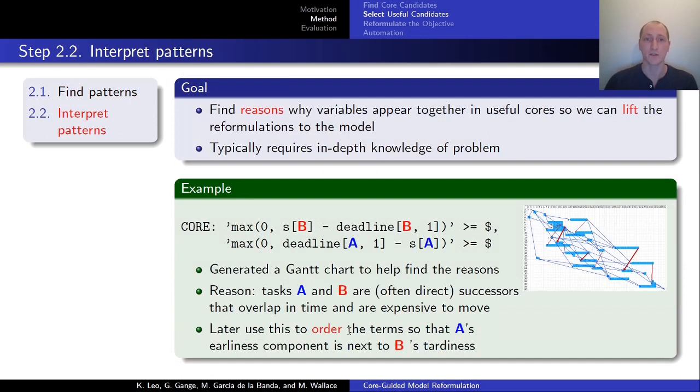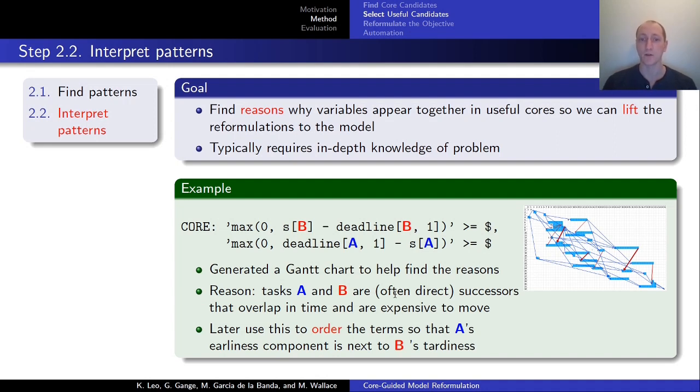So once we had identified this, we wanted to figure out what the reasons were that the earliness and tardiness of two different tasks were showing up together. And this step usually requires in-depth knowledge of the problem. What we had to do was generate Gantt charts of the instance data, and we realized that in many cases, tasks A and B were often direct successors that overlapped in time.